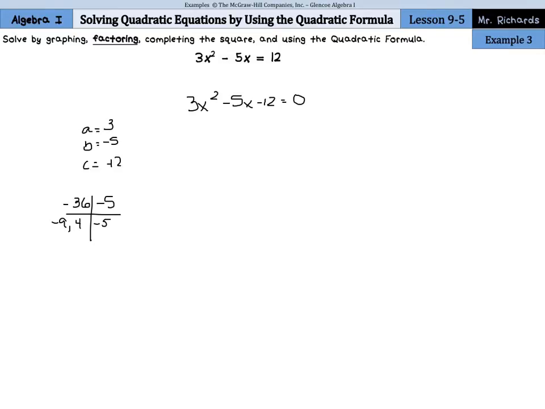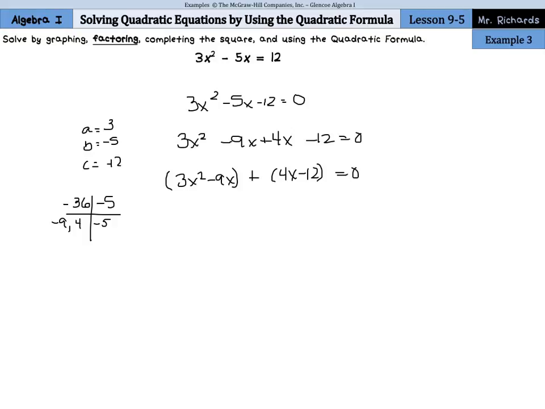And so this can break apart now into 3x squared, and the negative 5x is now broken into minus 9x plus 4x minus 12 equals 0. And now I can factor by grouping. I can group my 3x squared minus 9x with the 4x minus 12 in a group.